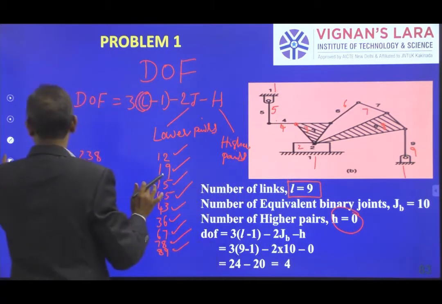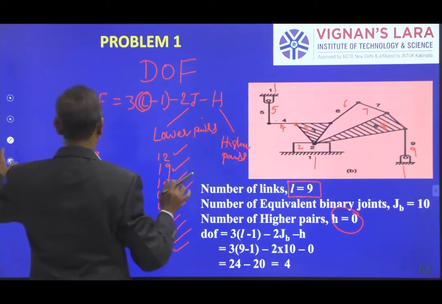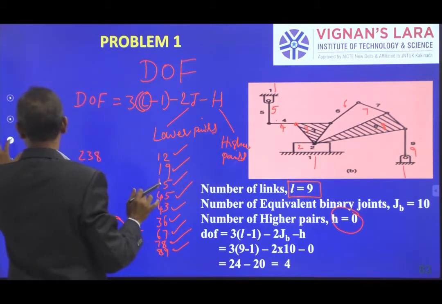Here, actually in the diagram, that joint is not there. Where is the eraser?